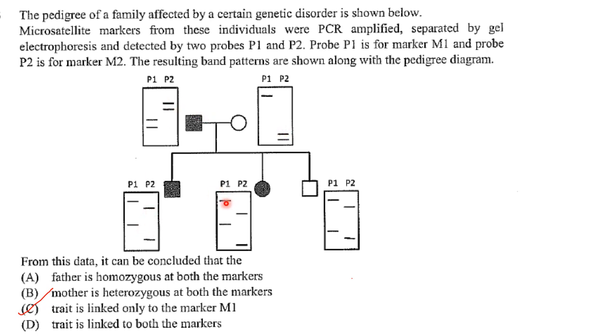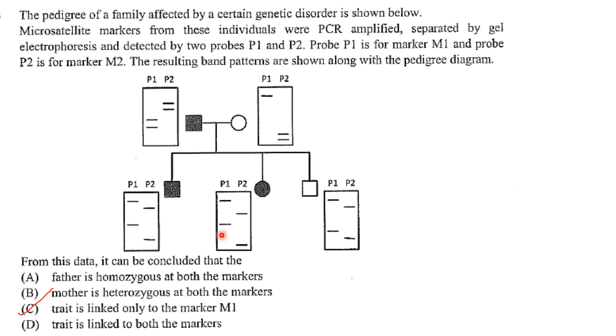Similarly, here also this person gets this band from the father and this band from the mother. The mother has only one P1 band. And in P2, she will get this band from the father and this band from the mother, whereas the normal progeny has an entirely different banding pattern.